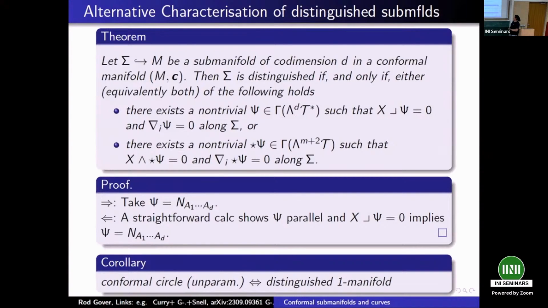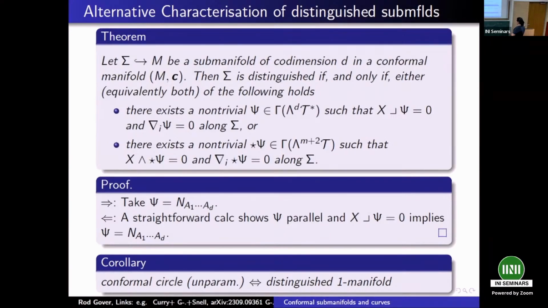Now, I just wanted to finish this part with an alternative characterization of distinguished submanifolds. So remember back when I did distinguished curves, it wasn't by saying that some second fundamental form was zero, although we could now do that, but it was by the existence of a parallel object. Well, that works again.